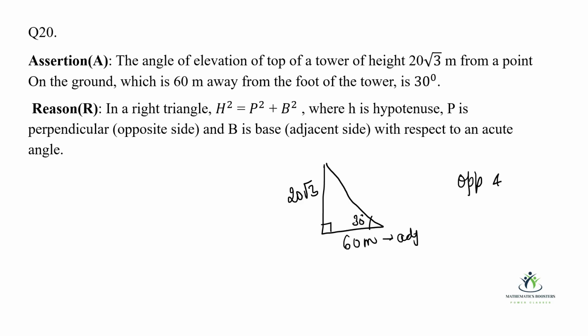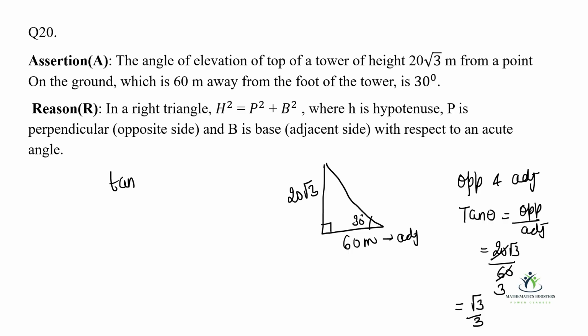Opposite and adjacent are given. So this is tan theta. Tan theta says opposite upon adjacent. What is opposite? 20 root 3. Adjacent is 60. Root 3 upon 3.